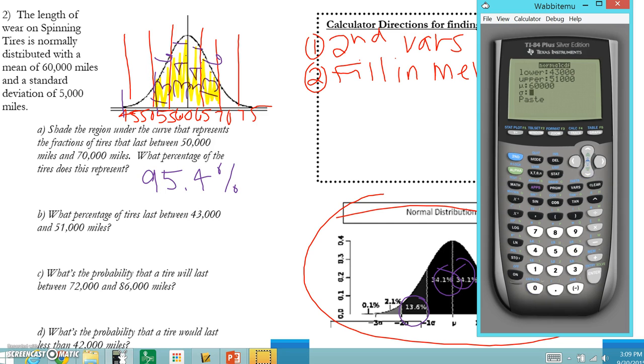And the standard deviation is 5,000. I go down and I hit paste, hit enter, and it gives me that. Now, if you don't know how to interpret percentages on a calculator, you hit times 100, and that gives you the percentage. So we're at 3.6%.